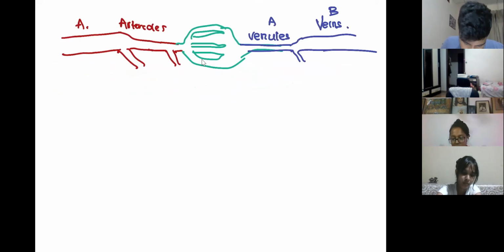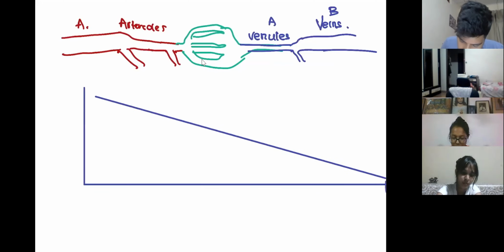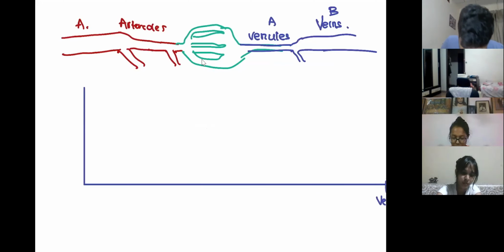Basic physiology. Please don't draw this. Basically, this is how the pressure changes. At the vein level there's a sudden drop once you come to the capillaries. These are the capillaries.